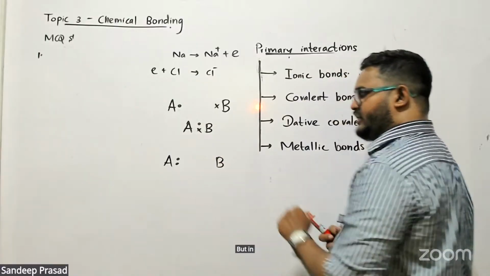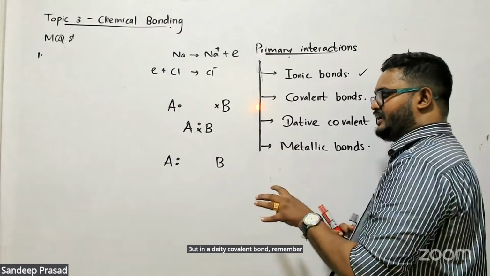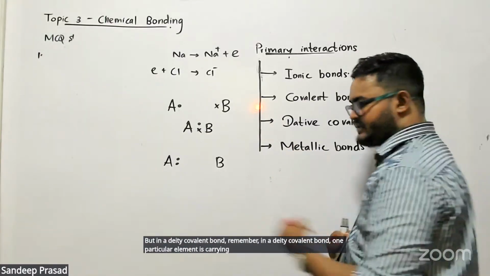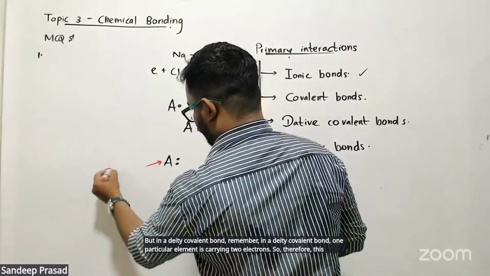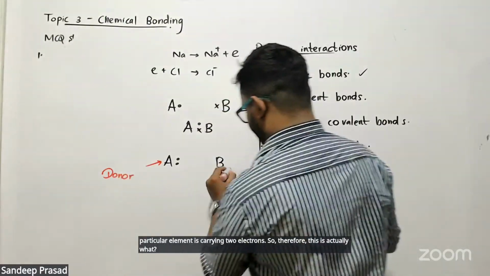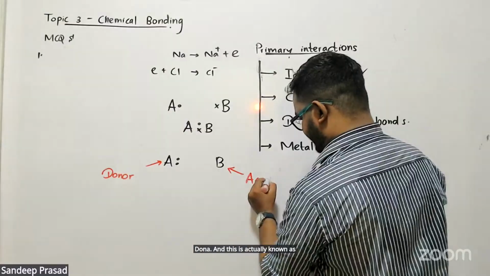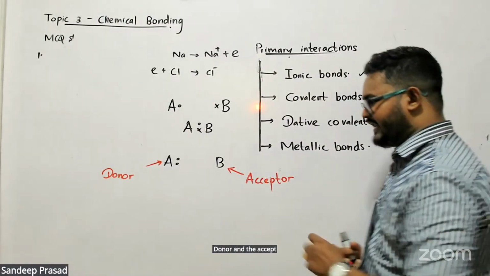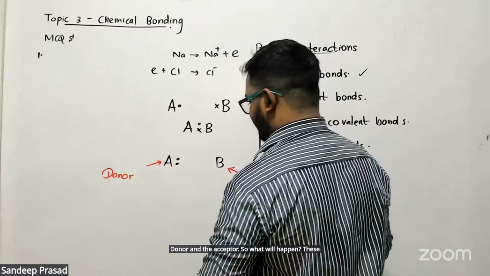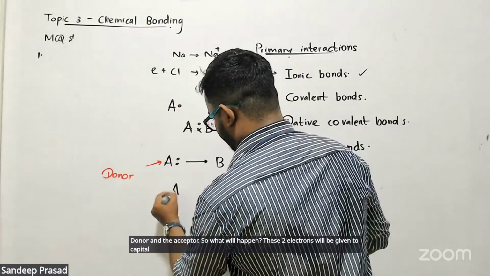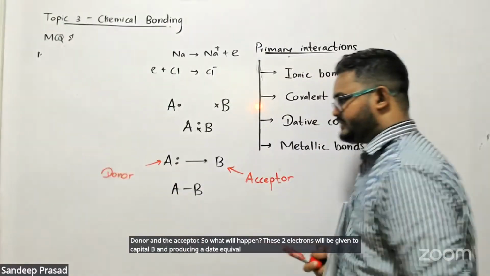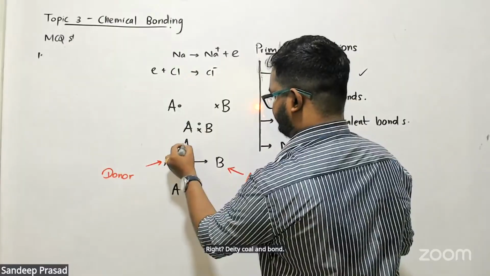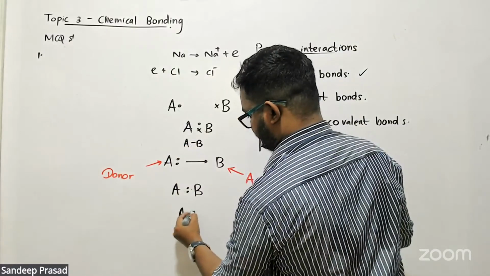But in a dative covalent bond, one particular element is carrying 2 electrons. So this is the donor, and this is known as the acceptor. These 2 electrons will be given to capital B, producing a dative covalent bond. That's the thing.